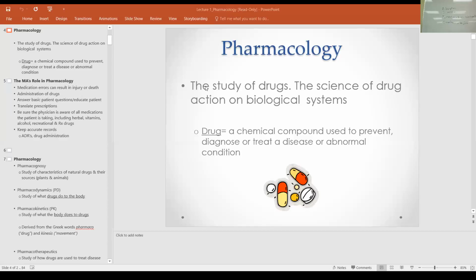Or the mechanism of action for reducing blood pressure may be through inhibiting the enzyme known as angiotensin-converting enzyme. So that becomes an inhibitor, a blocker. Okay, so an inhibitor of the action.